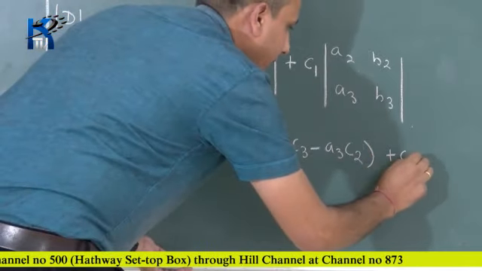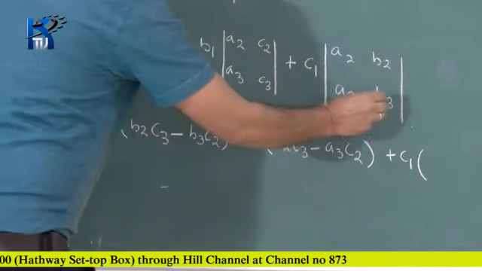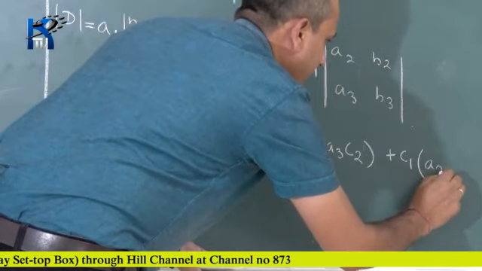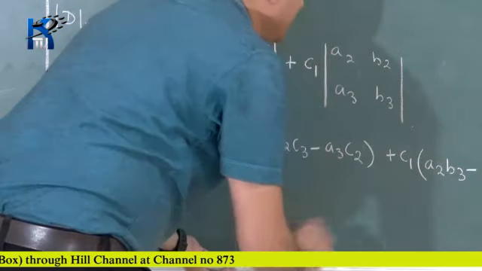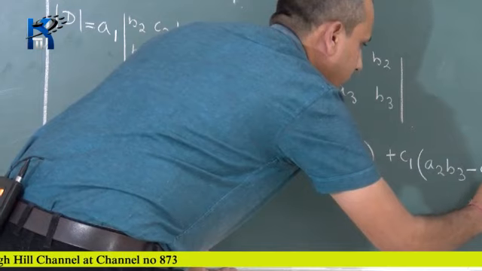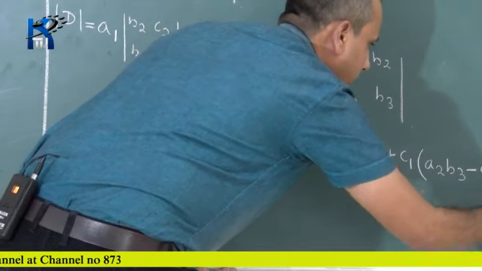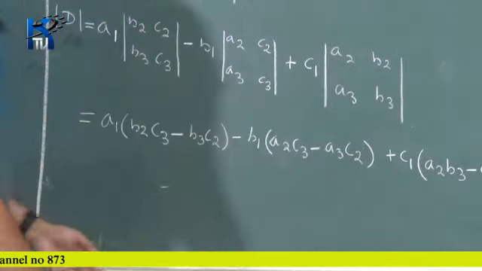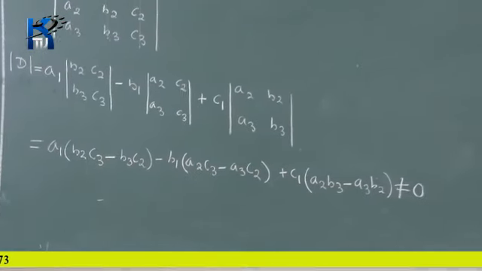Plus C1, then in the same way multiplication A2, B3 minus A3, B2. This is also not equal to 0. This one is the expansion property to calculate the magnitude of a determinant.